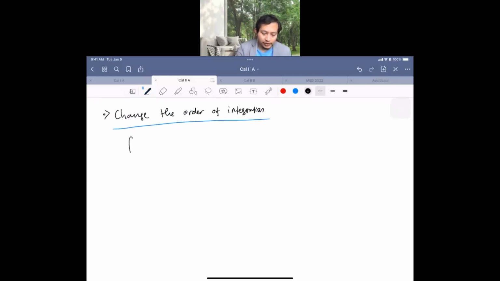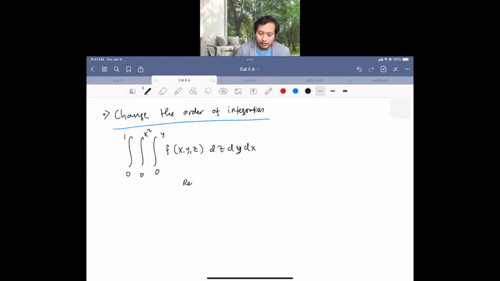So let's say we have the triple integral, 0 to 1, 0 to x squared, and 0 to y of f(x,y,z) dz dy dx.